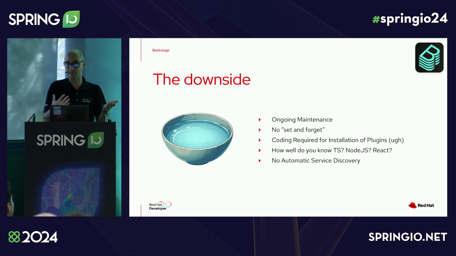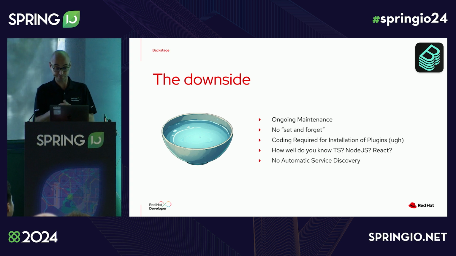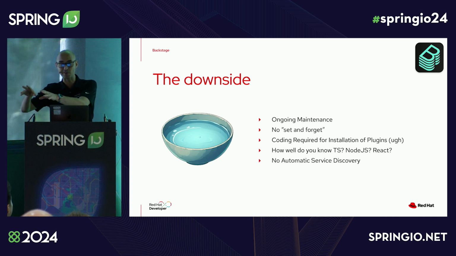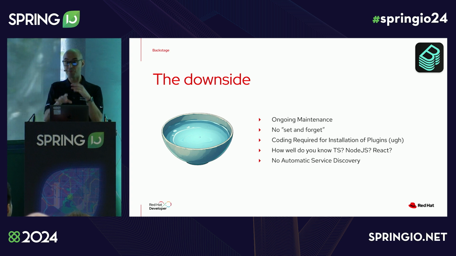Even though it's opinionated, it's just empty. How can you install all these plugins? Oh yes, you need to learn TypeScript and Node.js. Basically, you need to download the plugins, copy them into a specific directory, update some YAML files, recompile everything, and done. So it's not that easy.